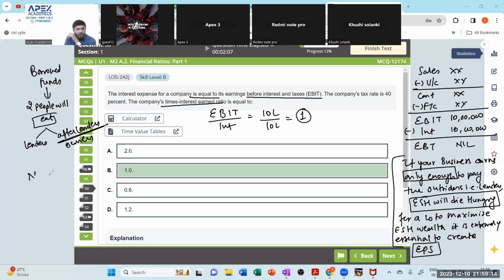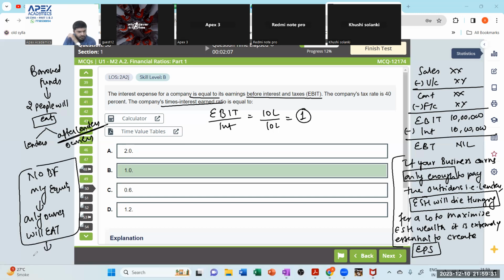But if there are no borrowed funds, only equity, then only the owner will eat. And this is the ideal scenario.